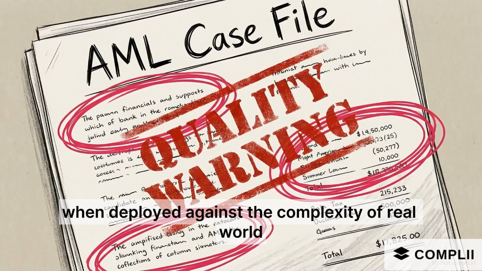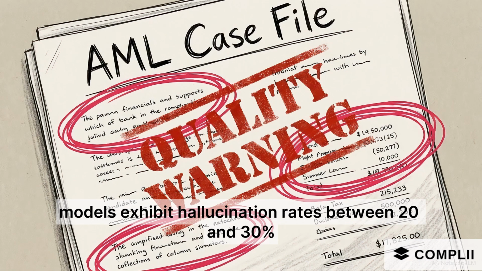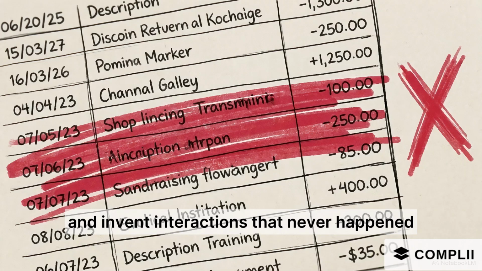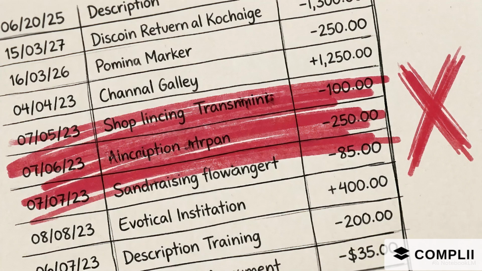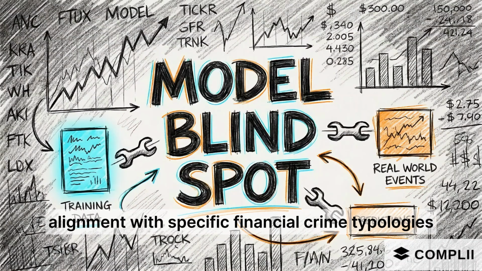When deployed against the complexity of real-world AML case files, standard generative AI models exhibit hallucination rates between 20 and 30%. They fabricate transaction events and invent interactions that never happened. This failure occurs because standard LLMs lack alignment with specific financial crime typologies.